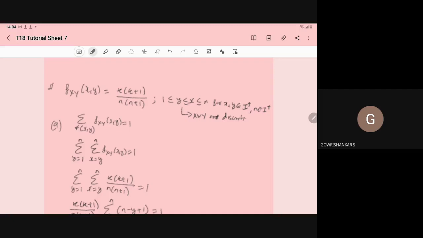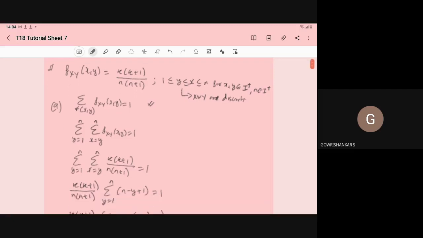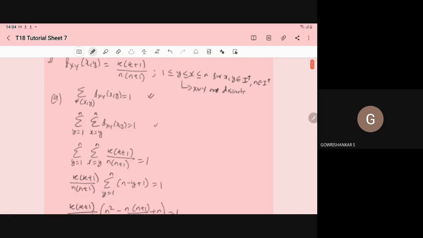For the discrete, as I have told you, for being a PMF, probability mass function, it must satisfy that the sum for all values of x and y of f_XY must equal 1. So here we are taking the sum over x, sum over y.